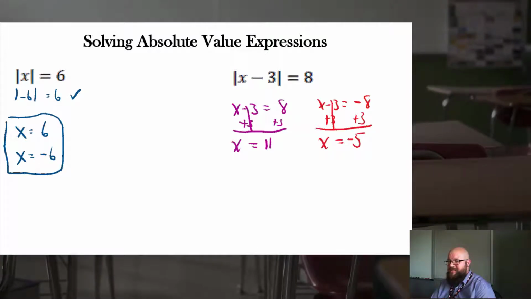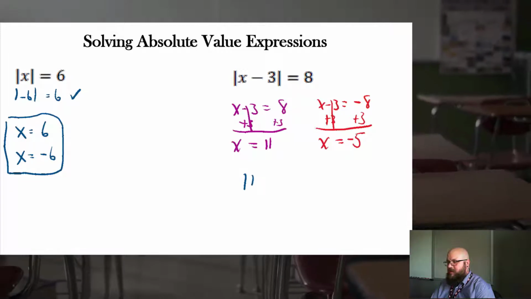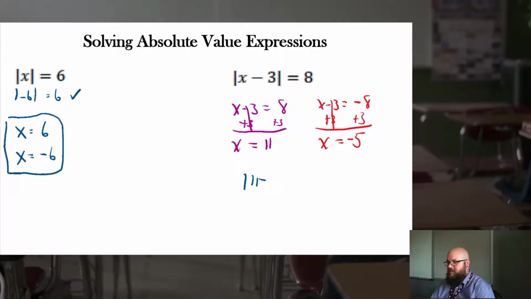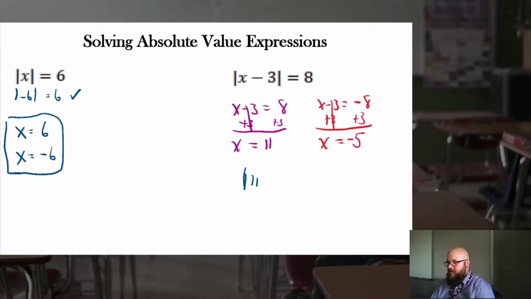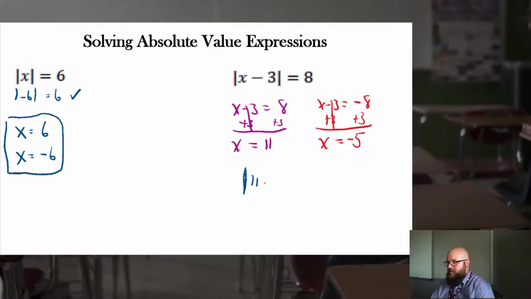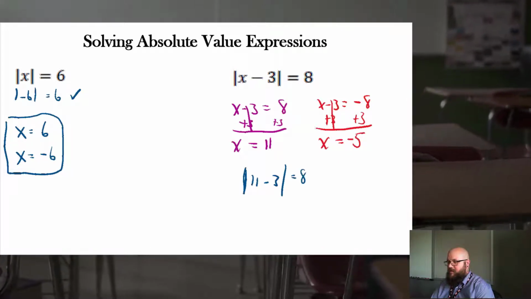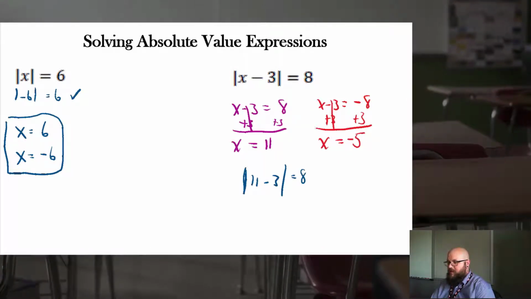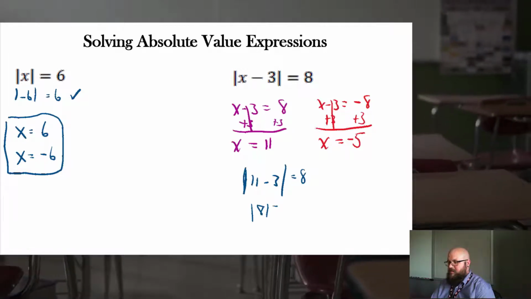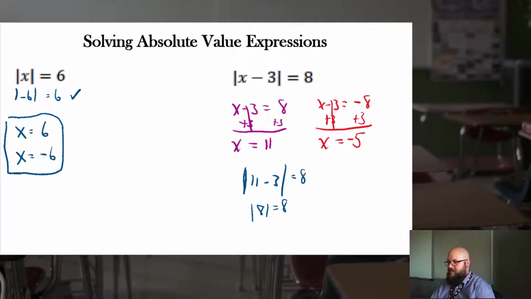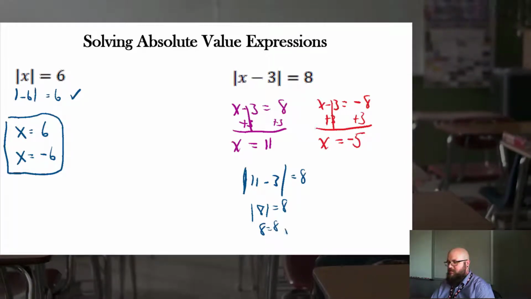And we can check this and see if these work. If you're going to put in here 11 minus 3 equals 8. Does that work out? Well, 11 minus 3 is 8. Absolute value of 8 is 8. So 8 equals 8, so that one works.